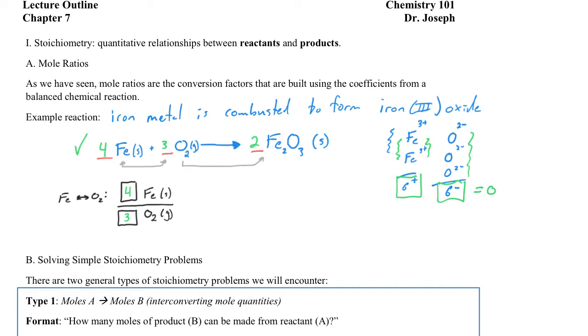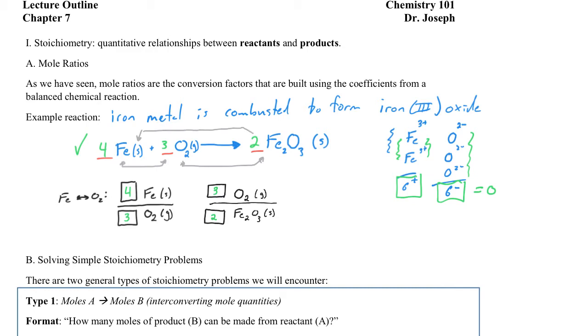So we'll start by looking at the conversion factor that exists between oxygen and iron oxide in this reaction. So we have the coefficients that we need to put in before oxygen and iron oxide, and notice that for oxygen it's 3 and iron oxide it is 2.